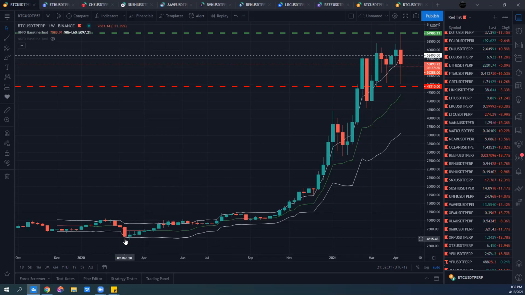Ever since then, we've not had a touch on this downward channel. So any day I see price trade back down to this place on the weekly time frame, then we can as well assume it's possible our bull run is over.